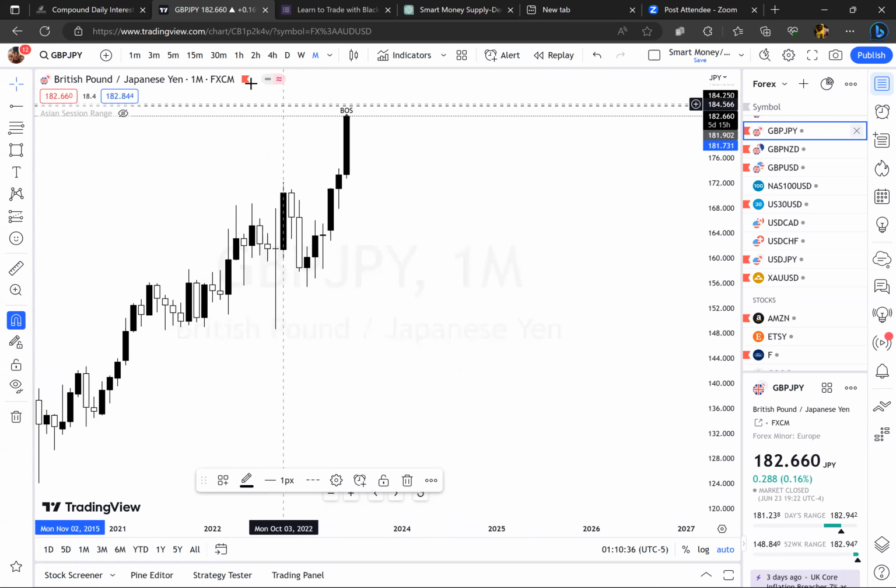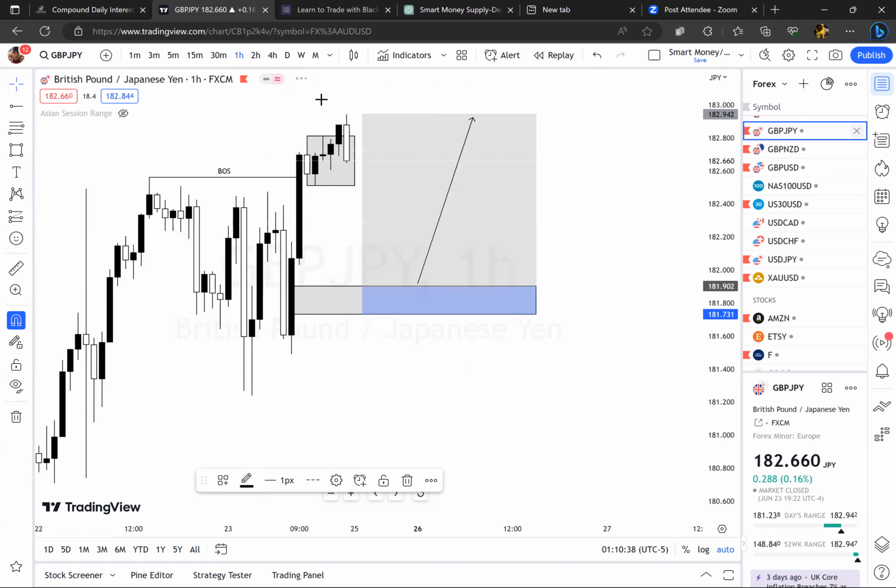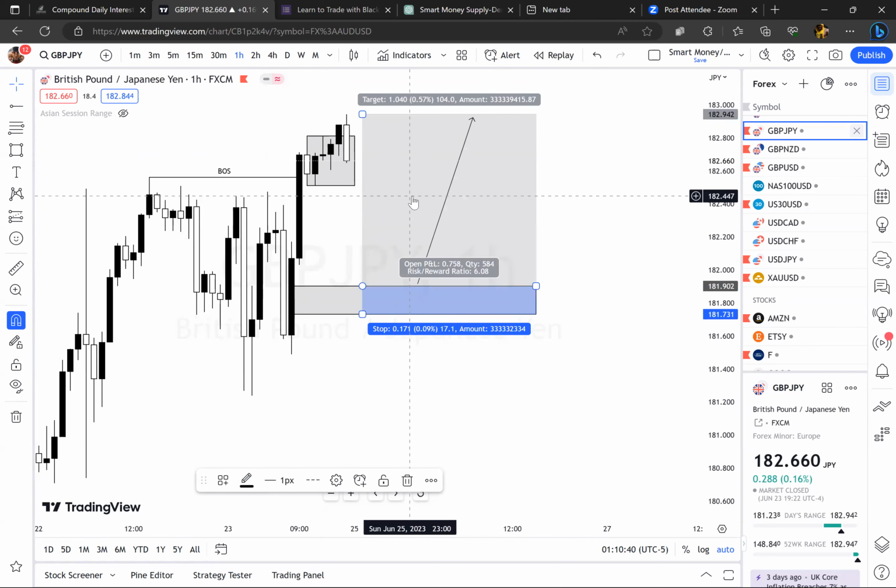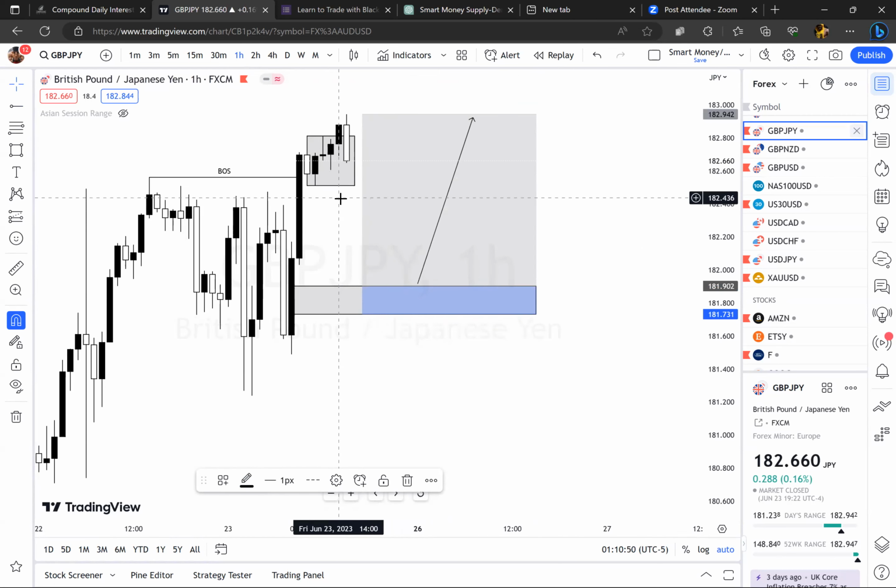Might as well put it at 183. I'm a whole numbers kind of guy. And look, it's just right there. So this could be a peak high formation. This could come down, go up there to 183.